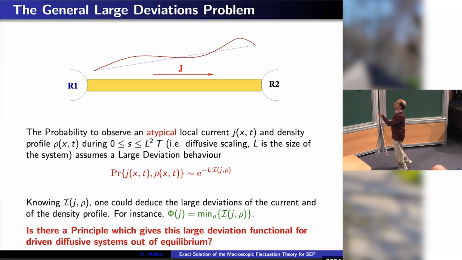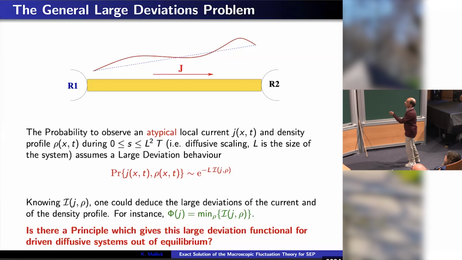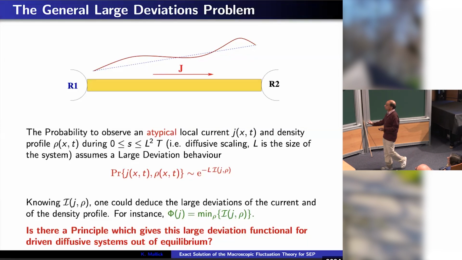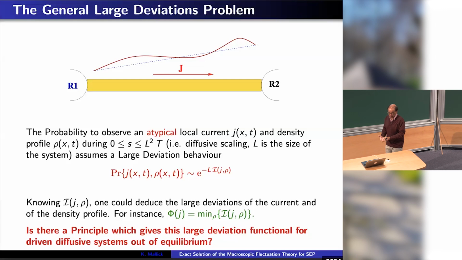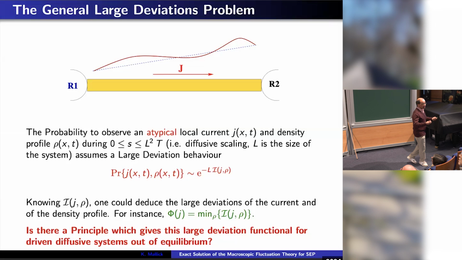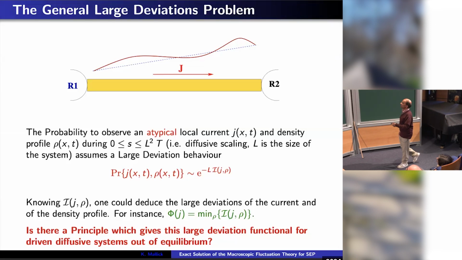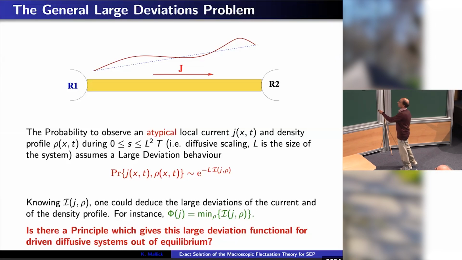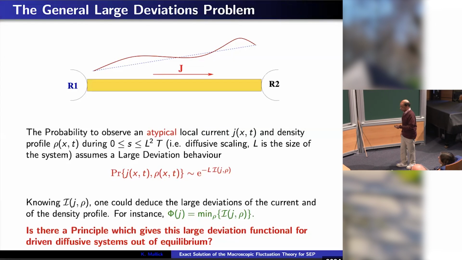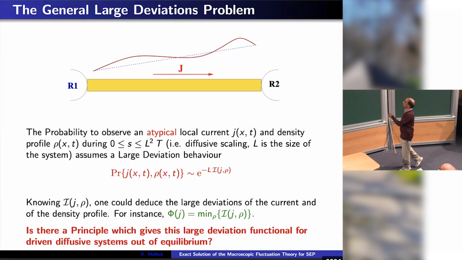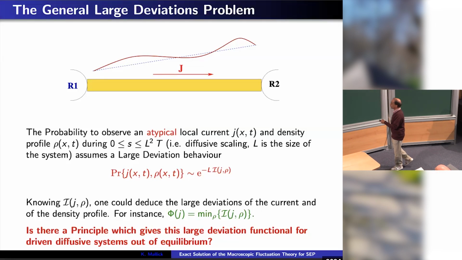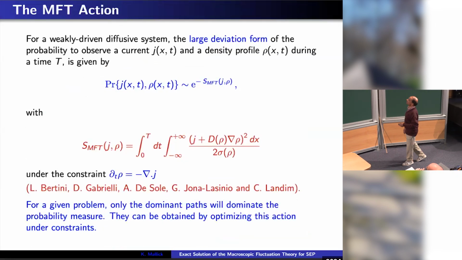Of course this is not a rigorous writing at all, but you could imagine a rate functional which depends on j and rho, and if we were able to compute this rate functional, we would have a handle on non-equilibrium fluctuations of transport in one dimension between two reservoirs. Then by contraction, we could get information on the current alone or on the density profile alone, and so on. So we are looking for a principle that would determine this rate function for driven diffusive systems out of equilibrium.